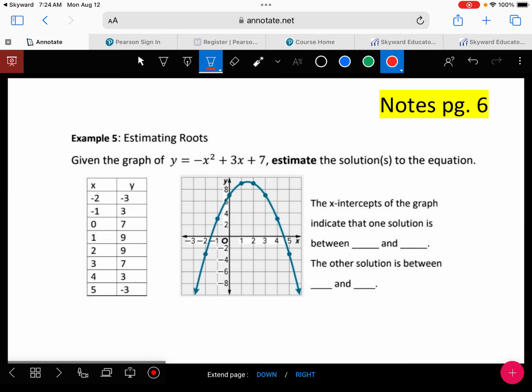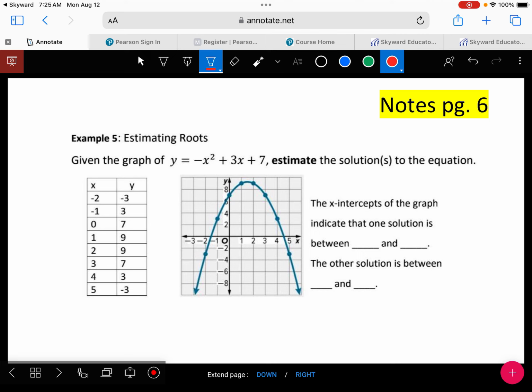All right, so let's go to page 6 and let's answer these questions about this graph. Sometimes your x-intercept is not a whole number.